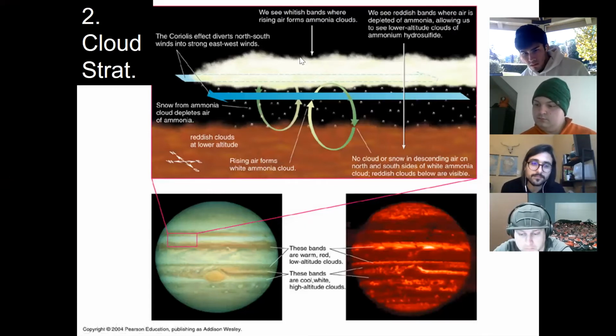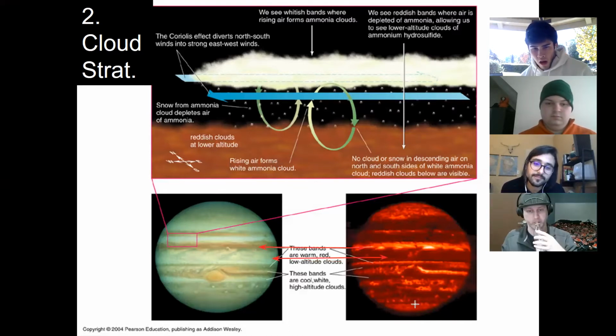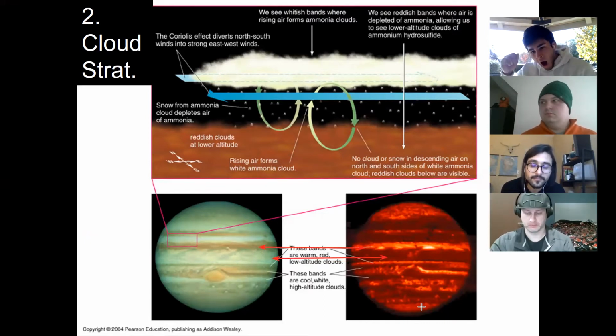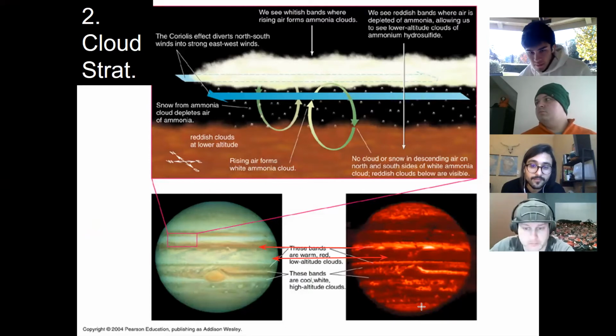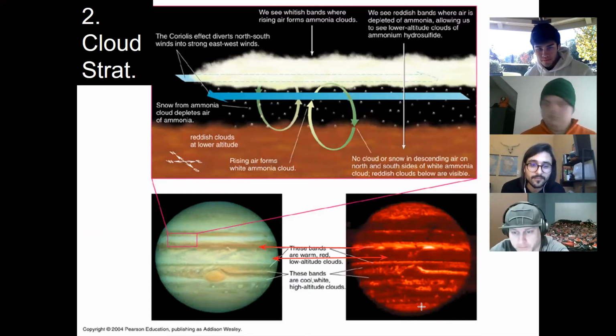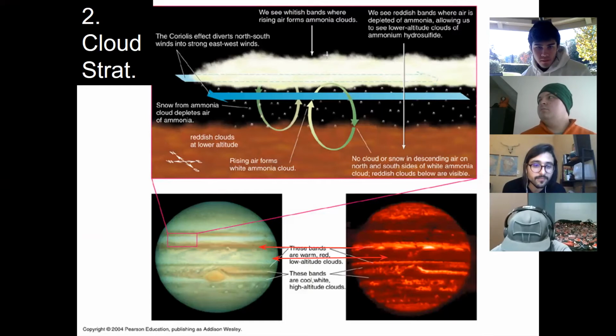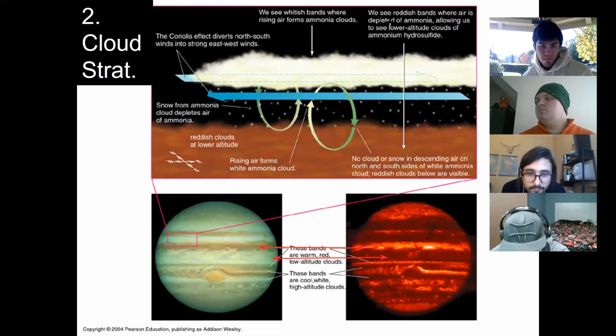Notice the connection here between the red clouds in the warm regions and the yellowish white clouds in the colder regions. You can actually see that the yellow clouds are sitting up on top of the red clouds. Isn't that cool? They're mixing a little bit, but they're sitting at different layers. Those are all Hadley cells.